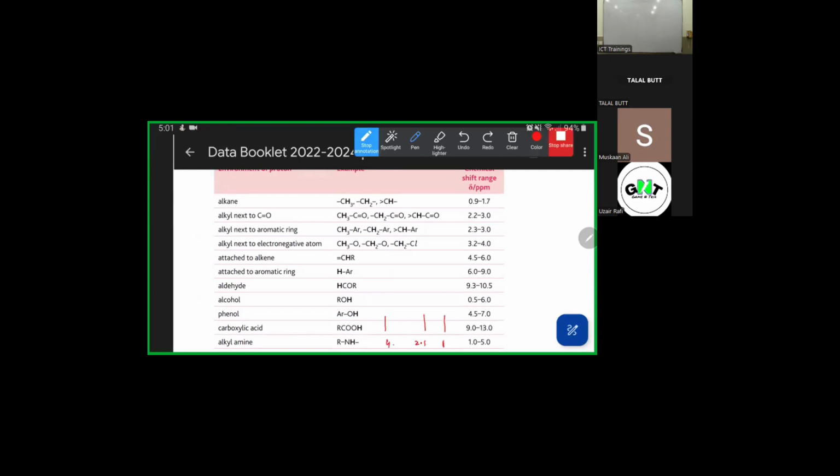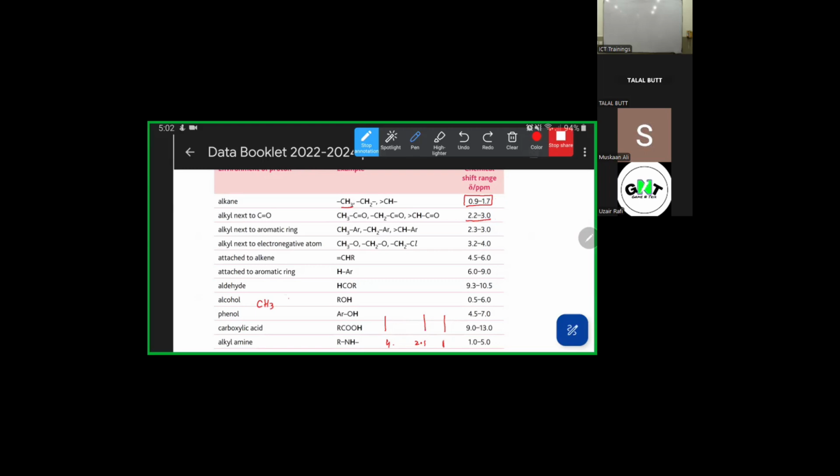So we got the value 1, and it is present up here. This shows that we have a CH3 group. Then we got 2.1. Is the 2.1 value present anywhere else?